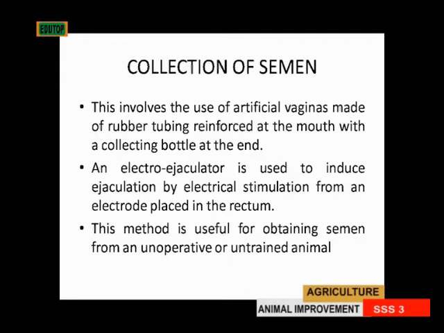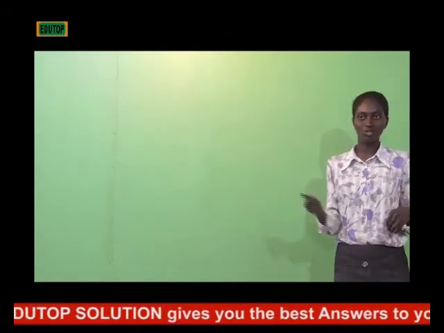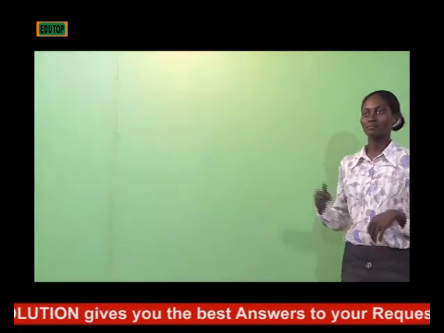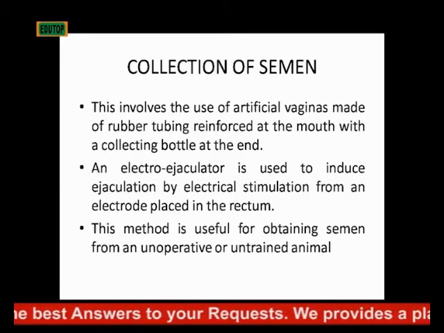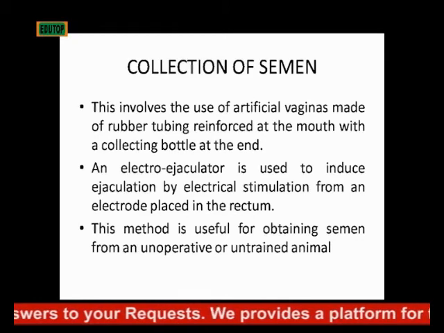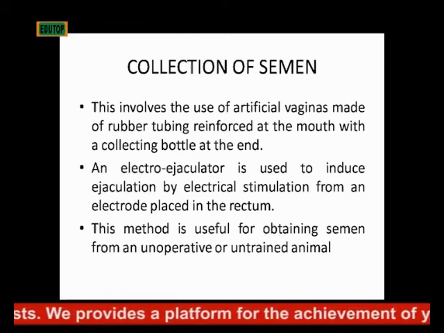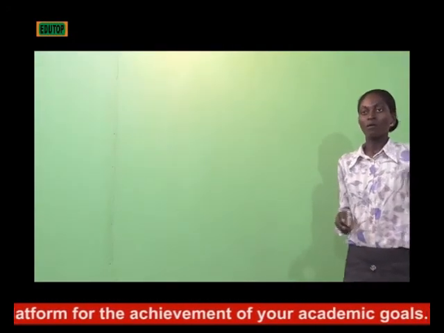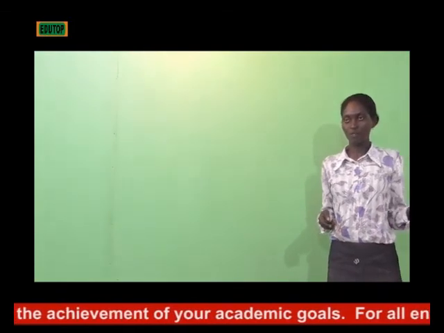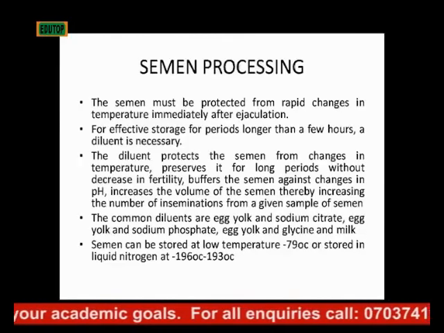This method of collection of semen is useful for obtaining semen from an uncooperative or untrained animal. So you can use it to collect semen from an animal that is not even trained for artificial insemination or collection of semen. Now, how do you process the semen?